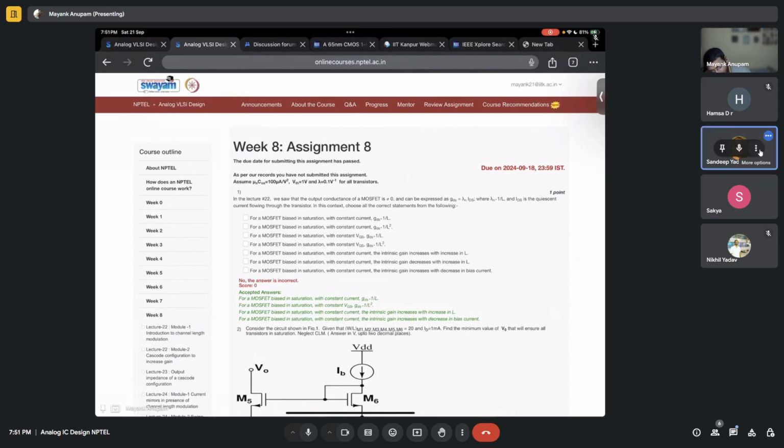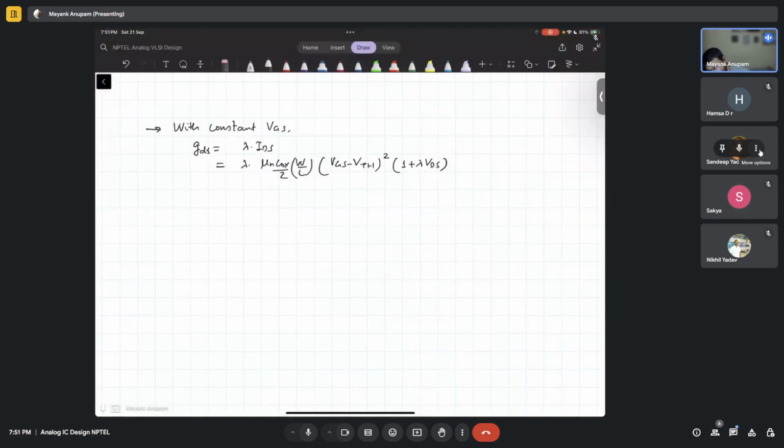Let's ignore the 1 plus lambda VDS term in finding IDS, because it will not impact much. So how will this look? Lambda is inversely proportional to L, so it is some k divided by L. And it is mu n Cox by 2 times W over L times (VGS minus VTH) whole square.